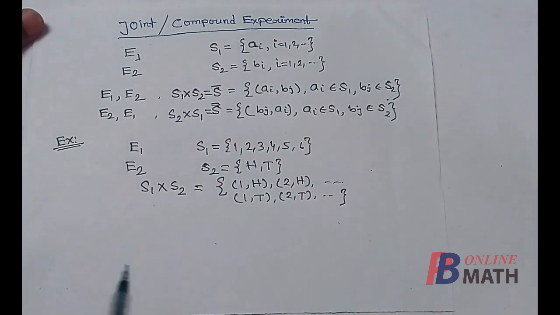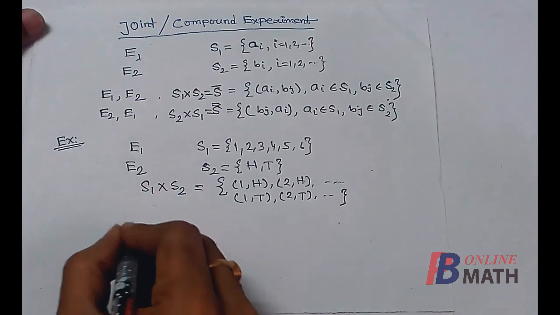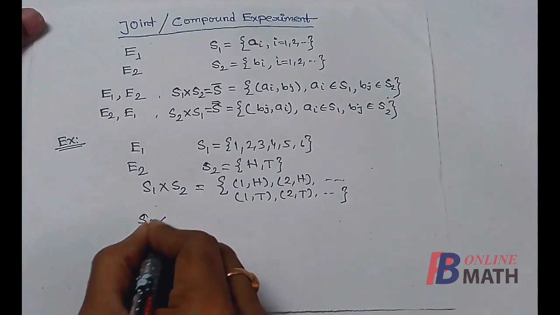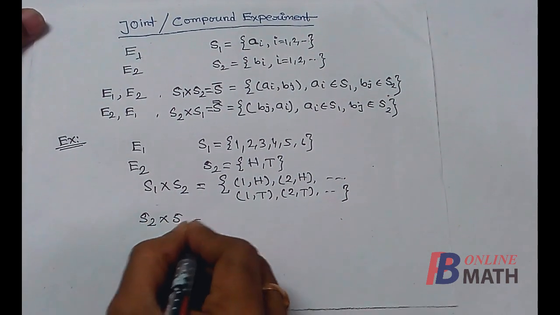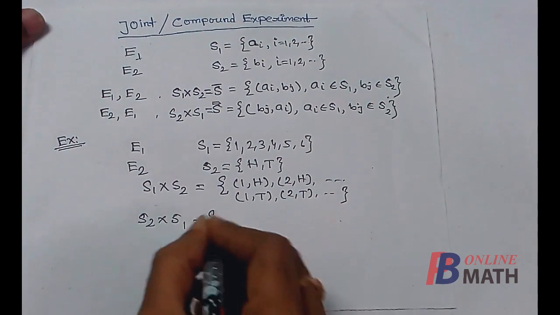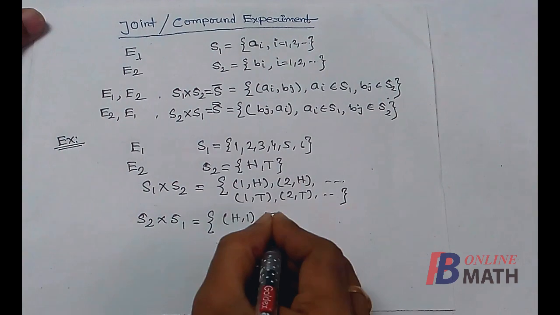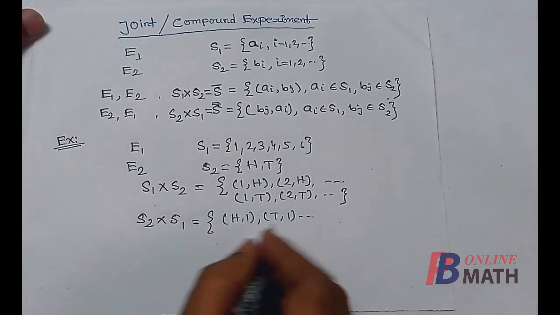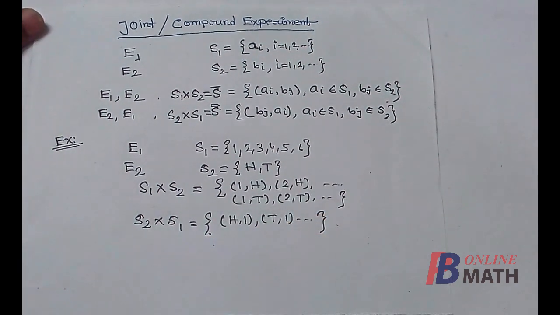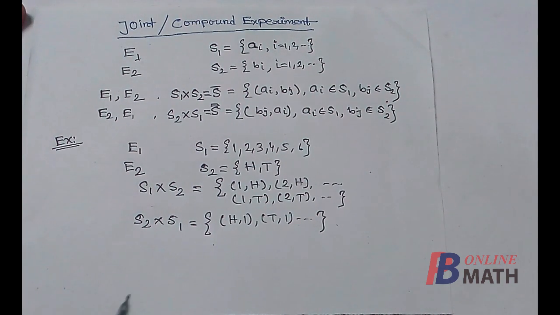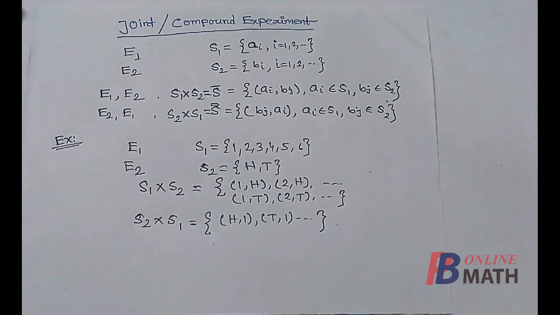Similarly, if we perform the experiment E2 first and then E1, the sample space in that case should be S2 cross S1, and it will be of the form (H, 1), (T, 1), (H, 2), (T, 2). So there will again be 12 outcomes. So these are examples of compound or joint experiments.